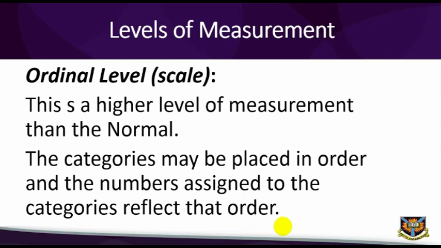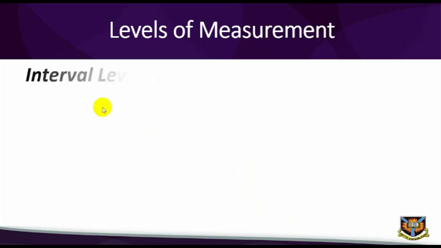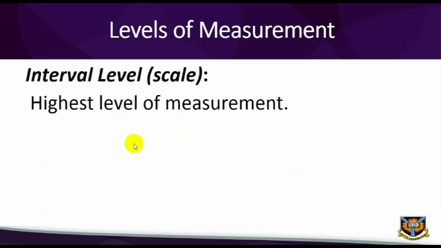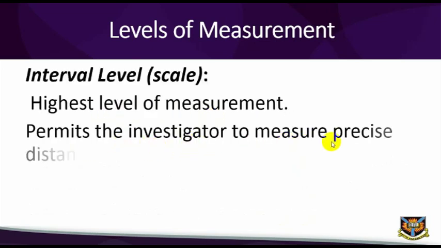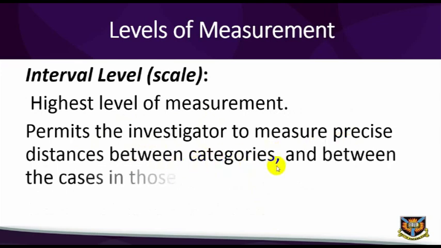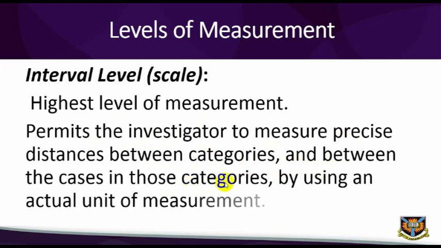Interval level scale. This is the highest level of measurement. Measuring on the interval scale permits the investigator to measure precise distances between categories and between the cases in those categories by using an actual unit of measurement. At this level, we may discuss how much more or less or how much bigger or smaller a category is than another and identify the exact distance between any two categories and any two cases within the categories.